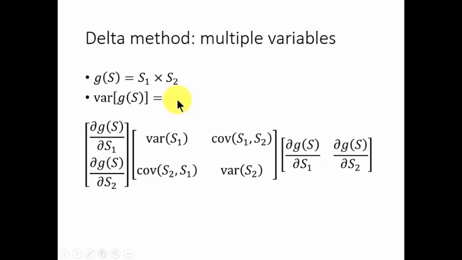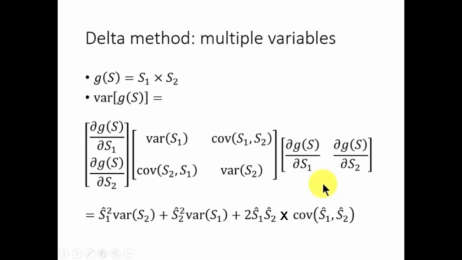The variance for this function equals a vector of partial derivatives for g of s with respect to S1 and S2 times the variance covariance matrix times the transposed vector of partial derivatives. The matrix formulation can be expressed as a linear equation shown here. With more than a few parameters, this can get complicated quick, but luckily software such as Derive or MATLAB can calculate the linearization easily.